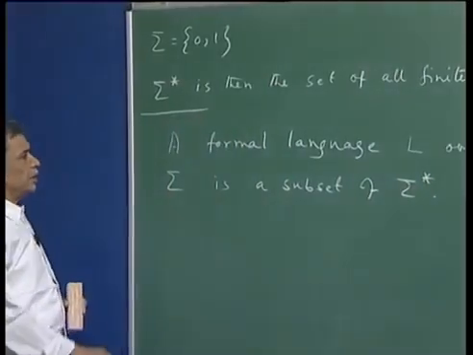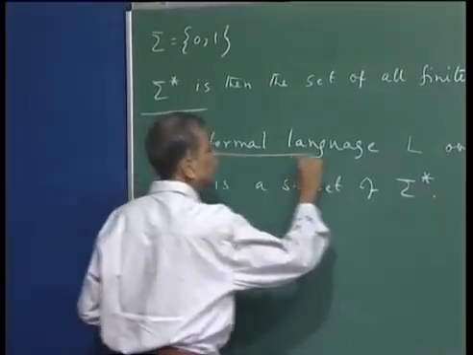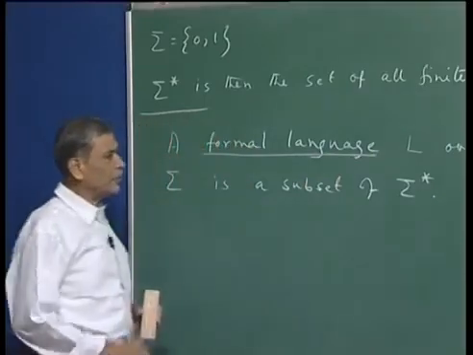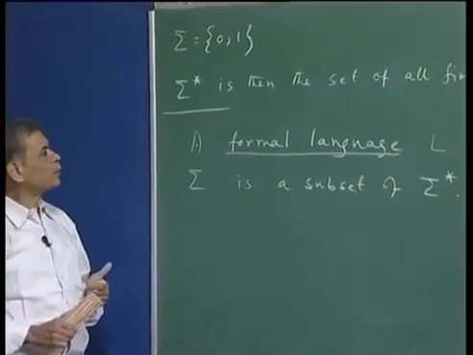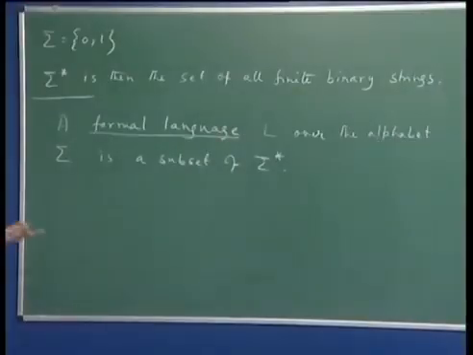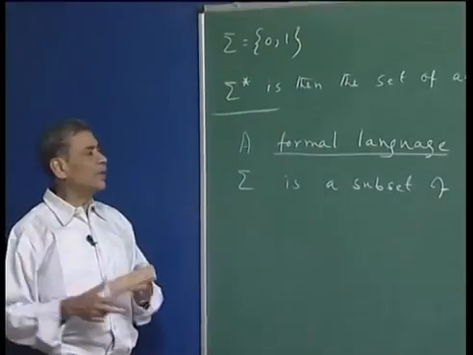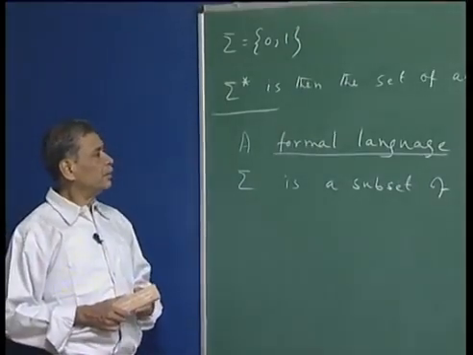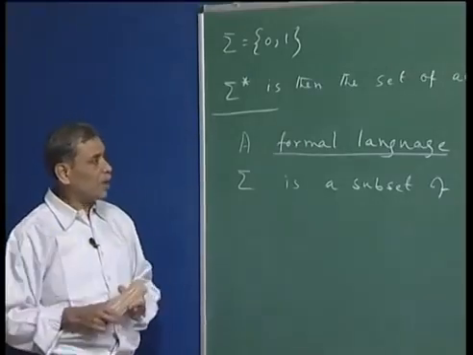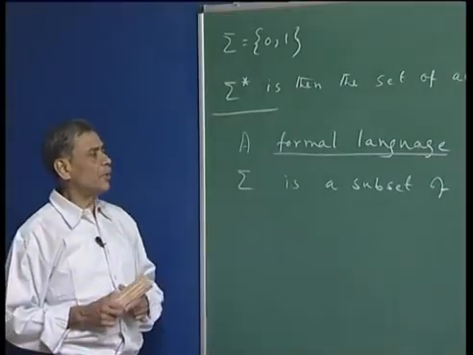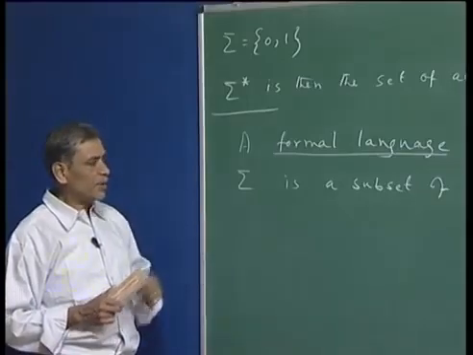Recall that sigma star is the set of all binary strings over the alphabet sigma, and you take some of them, possibly infinitely many of them, leaving maybe some out, and that constitutes a formal language over the alphabet sigma.